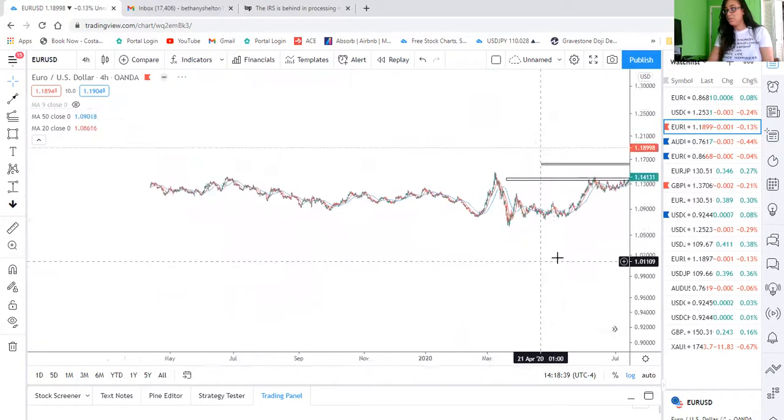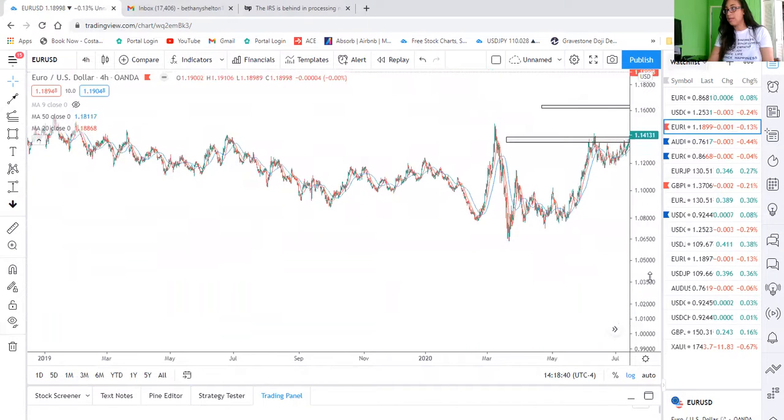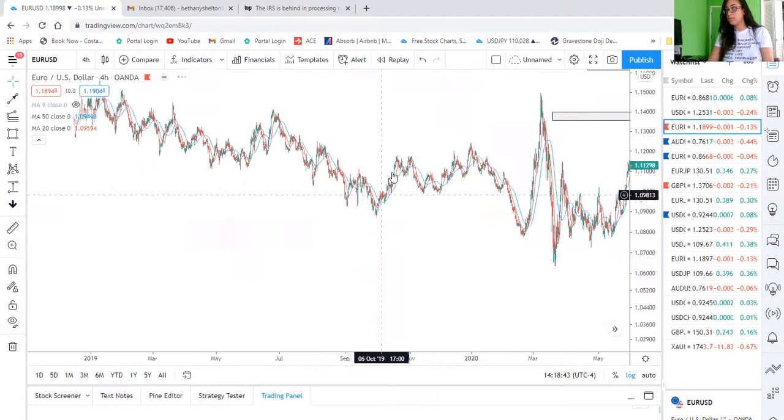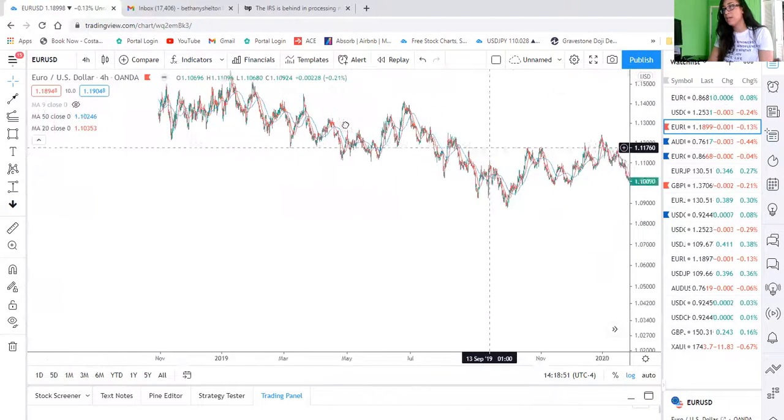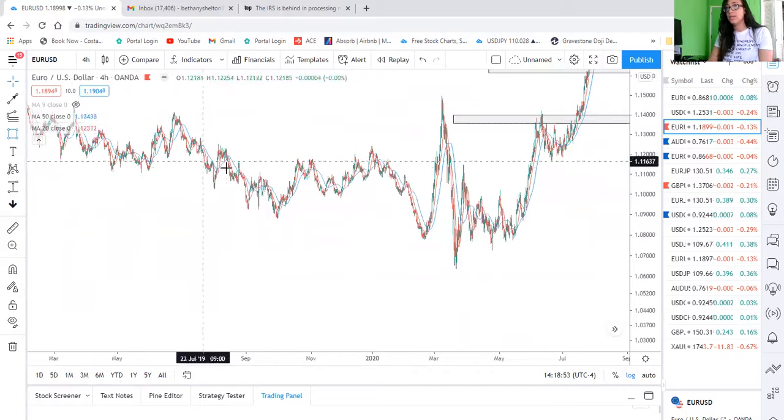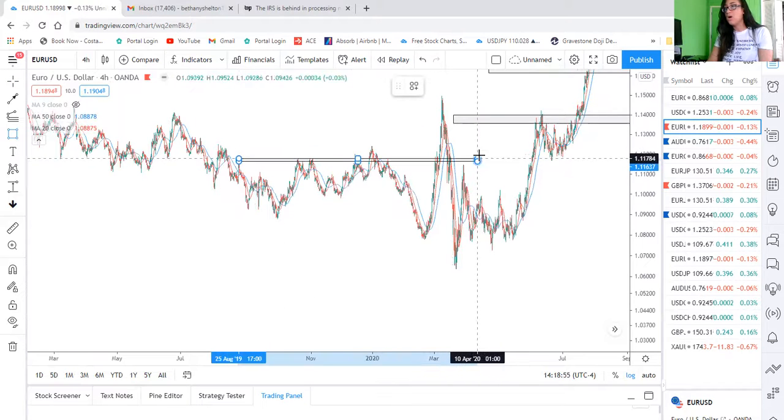Let's look for a supply zone. Since we talked about the demand zone, let's talk about the supply zone. Right here, we have a strong supply zone up here. If you can see, every time price came into this area, there were sellers all rallying around, pushing the market down.